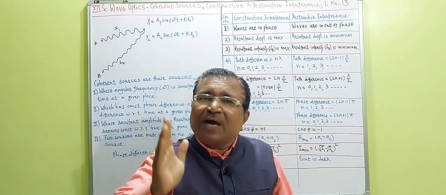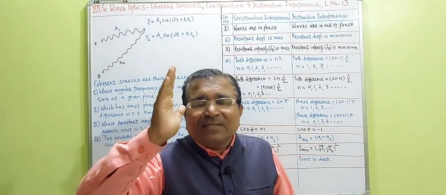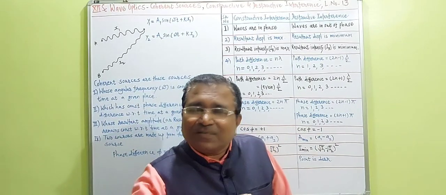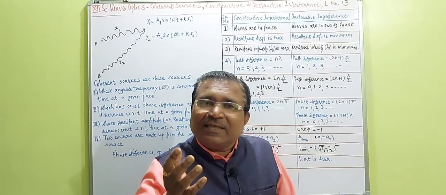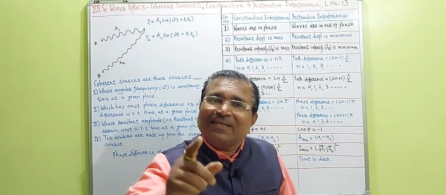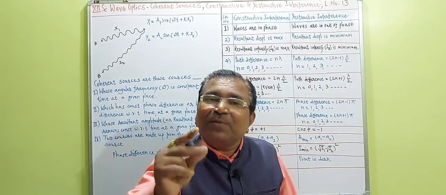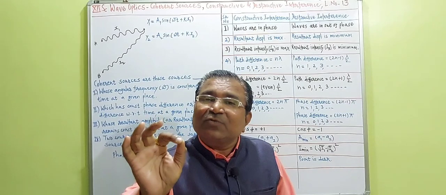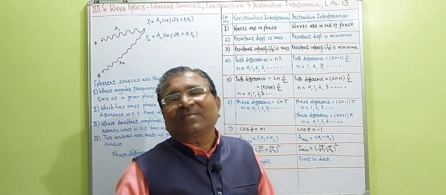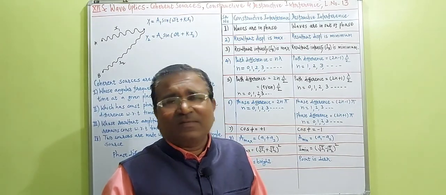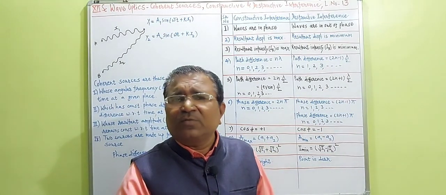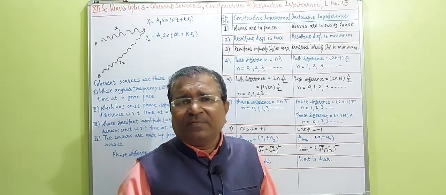When both the waves are in phase, at that time crest meets crest and trough meets trough, then resultant amplitude is maximum, so resultant intensity is maximum, and we get a bright point with respect to time at a given place. We call it constructive interference. Such a huge definition I haven't written on the board. You can write it yourself.